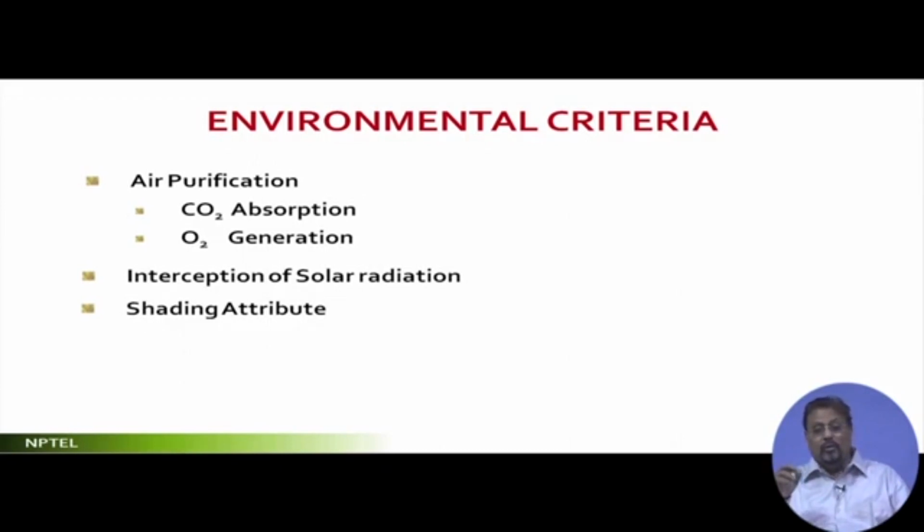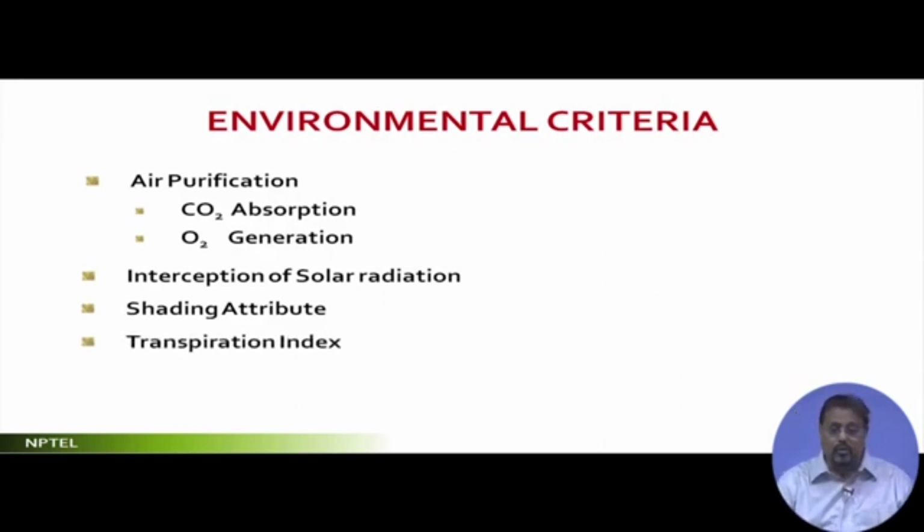Naturally, the porosity of that foliage, or the layers of leaves against each other, will make a difference to solar radiation interception and even the shading devices. So, you have to take care of this.